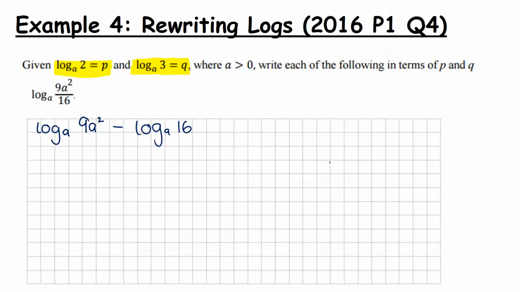So we're actually going to use our first rule here and apply it to the first piece. The first rule tells us that when two numbers are multiplied, we can use a plus to split the logs out. So we get log to base a of 9 plus log to base a of a squared. Now we have minus log to base a, and now instead of 16, I'm actually going to write that as 2 to the power of 4.